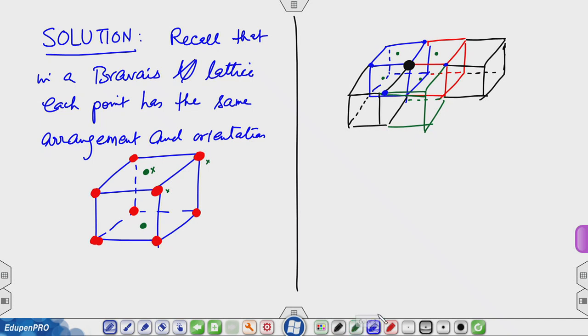So, if I look at the point out here, which I am going to now encircle in blue in the middle cube, I again see that there is going to be one point on the next face here, one point on the face here, one point on the face here, one point on the face here, and then there are these points on the diagonals. So, in the horizontal plane, it has the same orientation. How about the vertical plane?